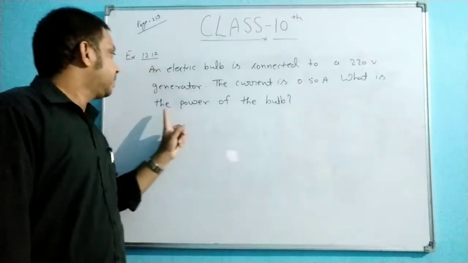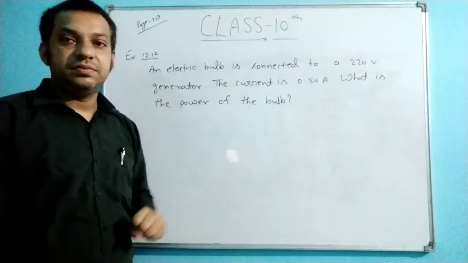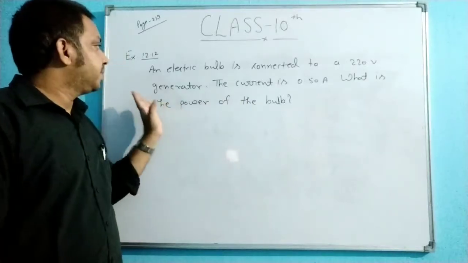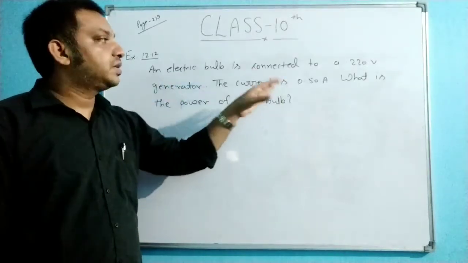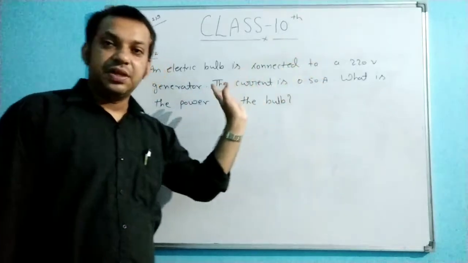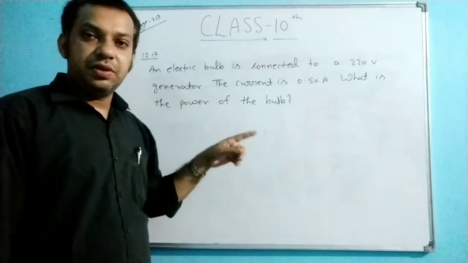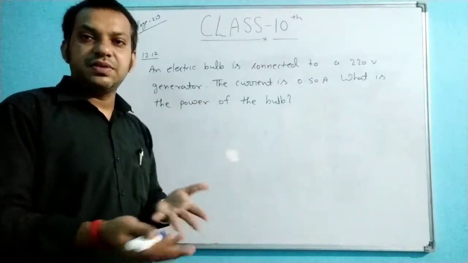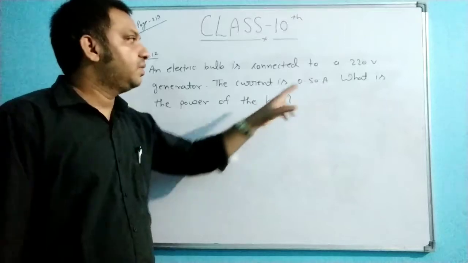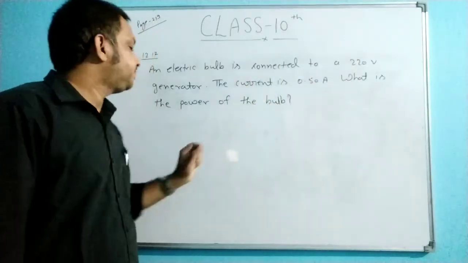What is the power of the bulb? Here the electric bulb is connected to this 220 volt generator. That means the applied voltage is given. The applied voltage is 220 volt. Whether this voltage is from a cell or a generator, we have the given value 220 volt.